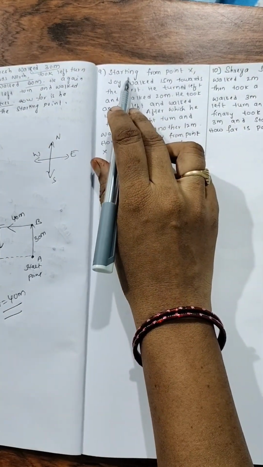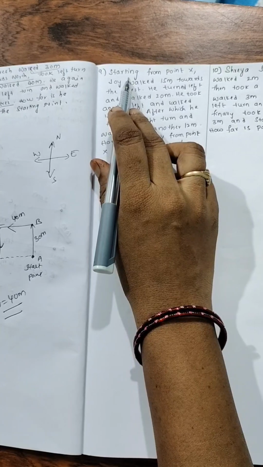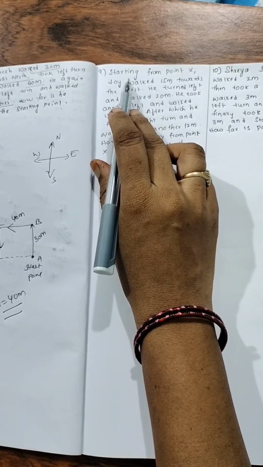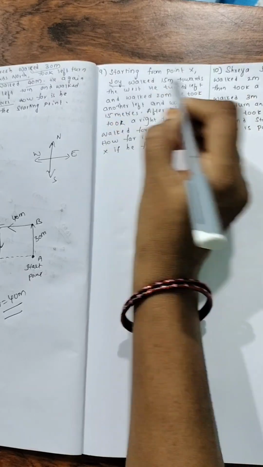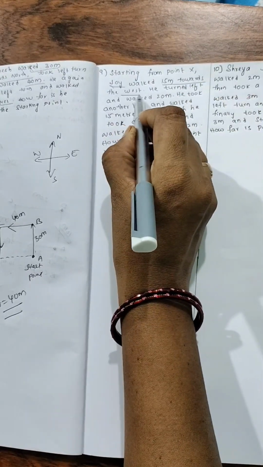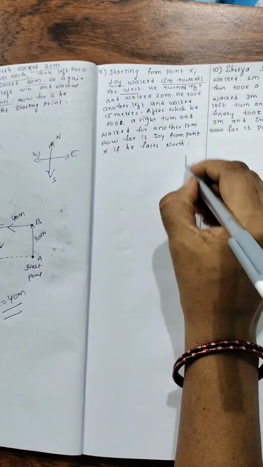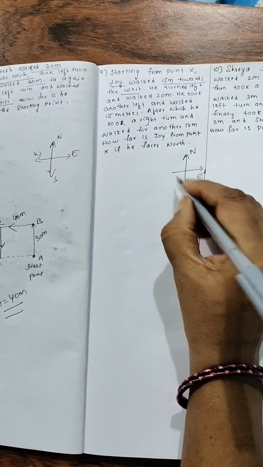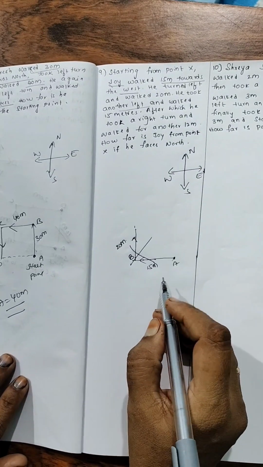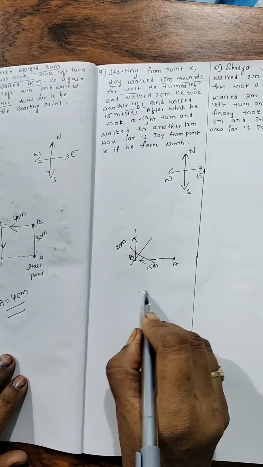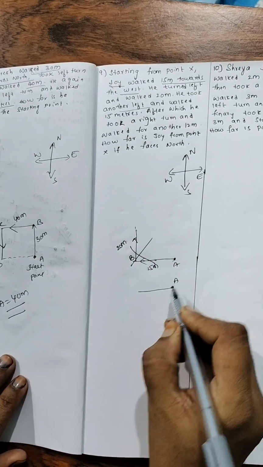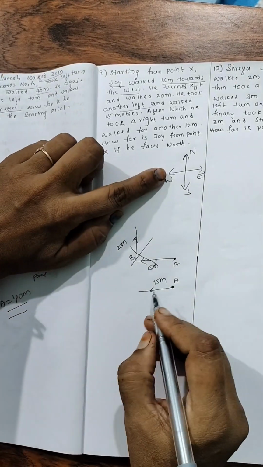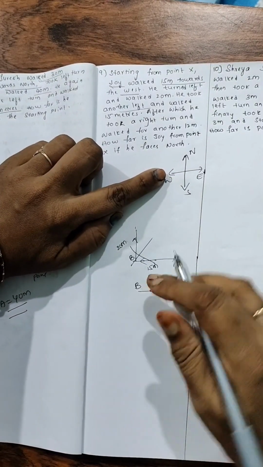Joy walked 15 meters towards the west. So first directions: east, south. 15 meters towards the west. Let this be the starting point. Right, he stood here.